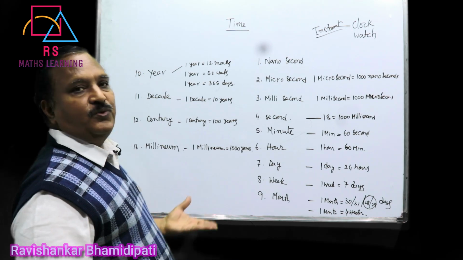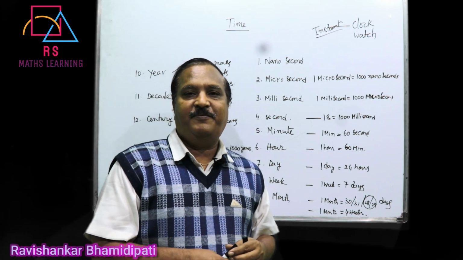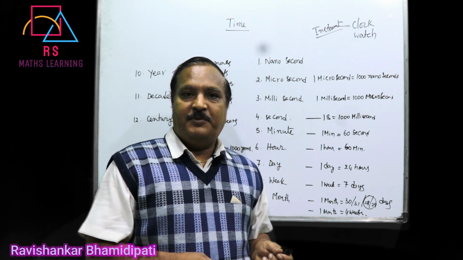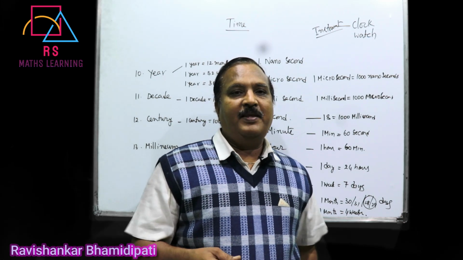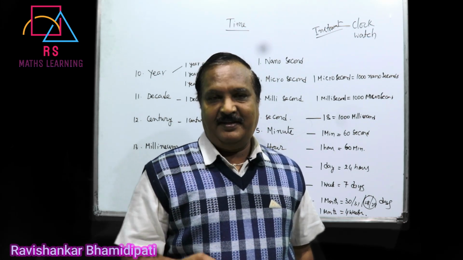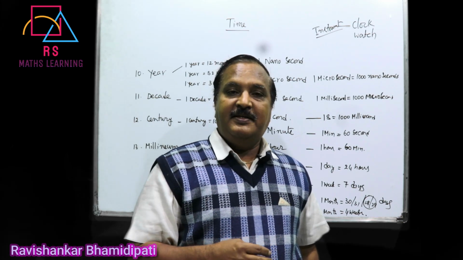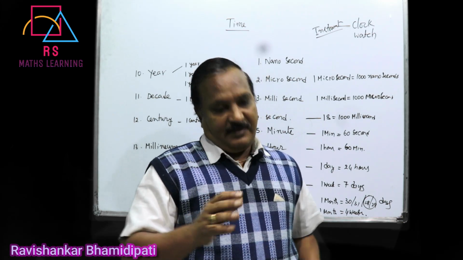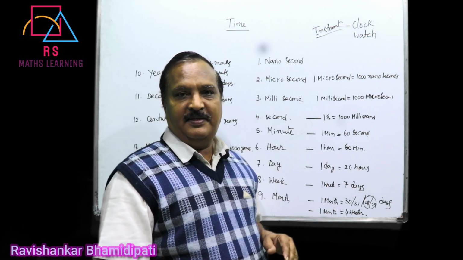And when to use what, it depends upon the situation, right? Suppose annual examination, end of the year examination, how many days is it? We will say 2 months or 3 months, December, January, February, March. Okay. Now like that, depending upon the situation, we use different units, right?